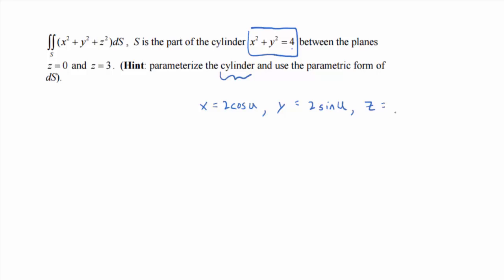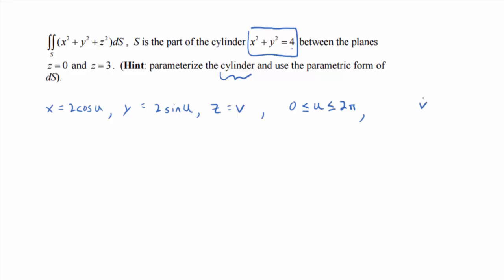That's what's going to be your other parameter, v. So u has bounds 0 to 2 pi, and normally v is any real number if you want to describe the whole cylinder.